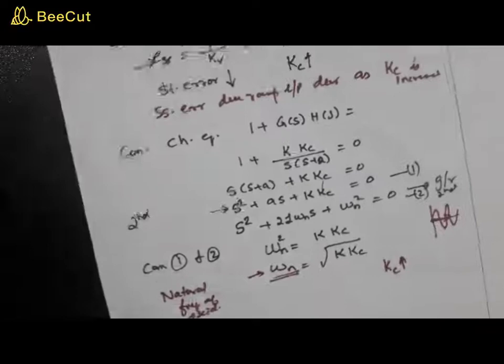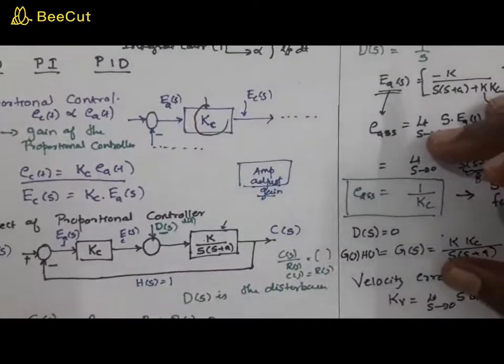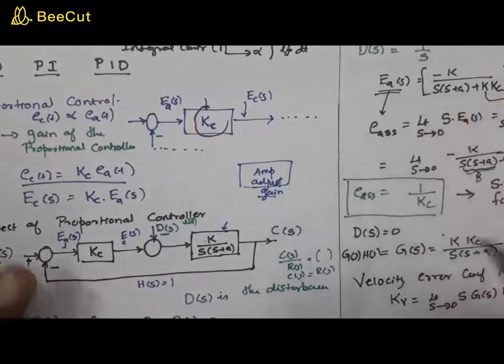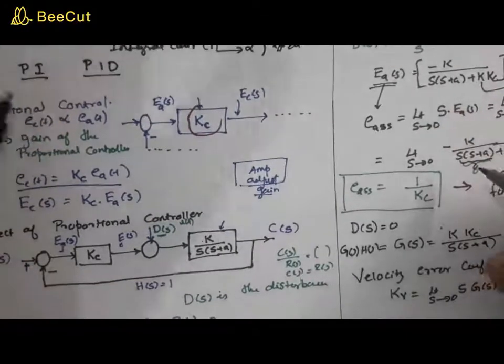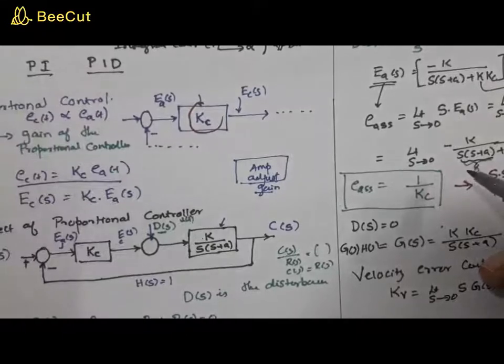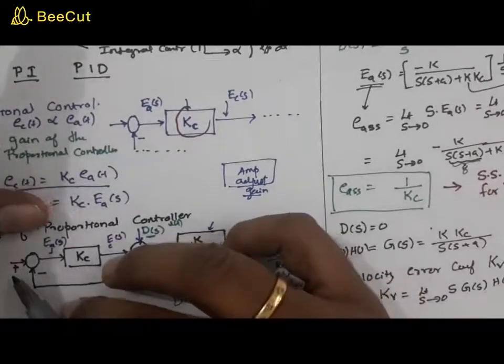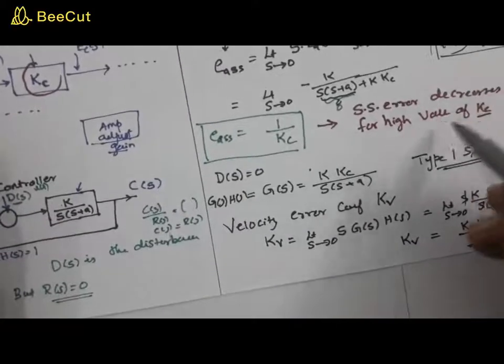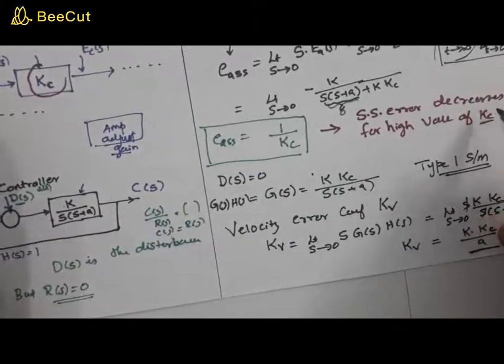Now, what we have learned here is that in order to reduce the steady state error, which is a much needed aspect in a control system, the purpose of a control system itself is to reduce that error. The steady state error can be considered from the perspective of disturbance as well as from the perspective of the input. We have seen that the steady state error can be decreased by having a high value of Kc.